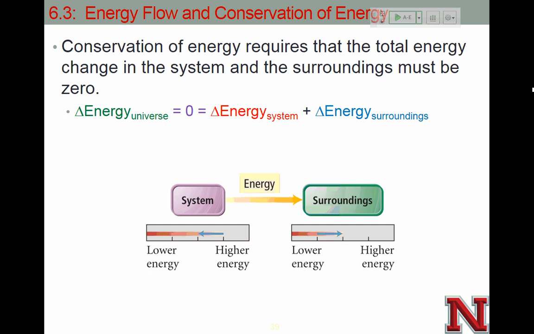So our change in energy of our system and our change in energy of our surroundings have to be equal but opposite. If my system gives off 20 joules of heat, my surroundings is taking in 20 joules of heat. So my change in energy of my system plus my change in energy of surroundings are going to be equal but opposite signs, and overall they're going to equal zero.